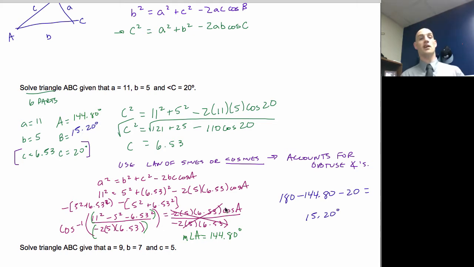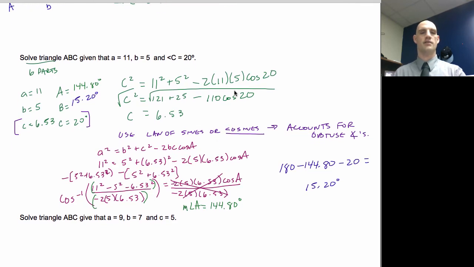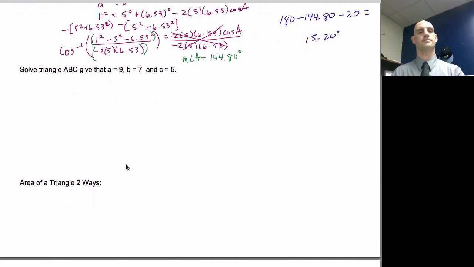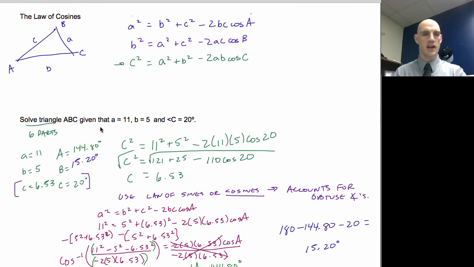Okay, which is awesome because now I have all 6 parts. So I use the law of cosines to determine one of the angles. So I use the pieces that I had to determine a side in this case. And then I use the law of cosines again using that new information to find an angle. So there's an element of solving for a C here and also maybe using the inverse cosine to find an angle. So what's the case here?